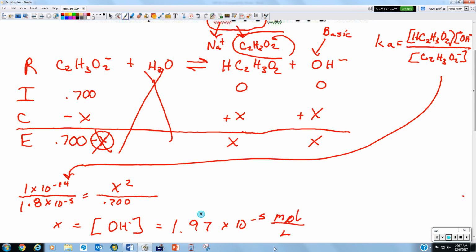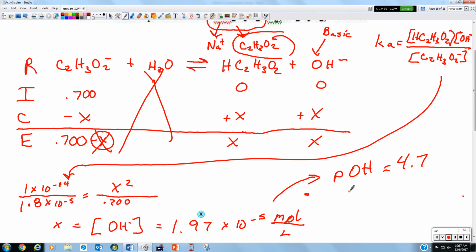So since we have mole per liter of hydroxide, what can we calculate directly from that? Can we calculate pH directly from that, or can we calculate pOH? So negative log of 1.97 times 10 to the negative 5 gives us a pOH of what? 4.7.